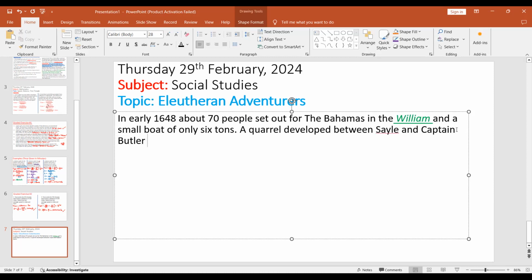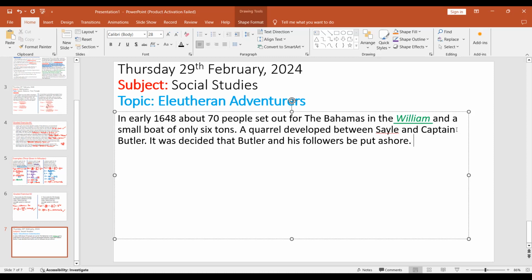So it was decided. Do you think they split? Yes, they did split. It was decided that Butler and his followers be put ashore.